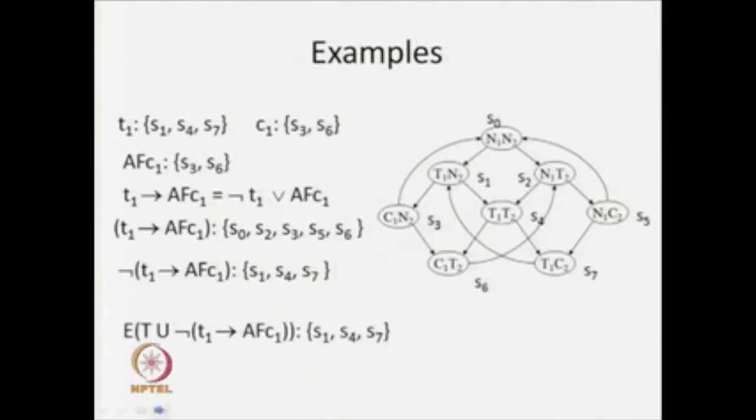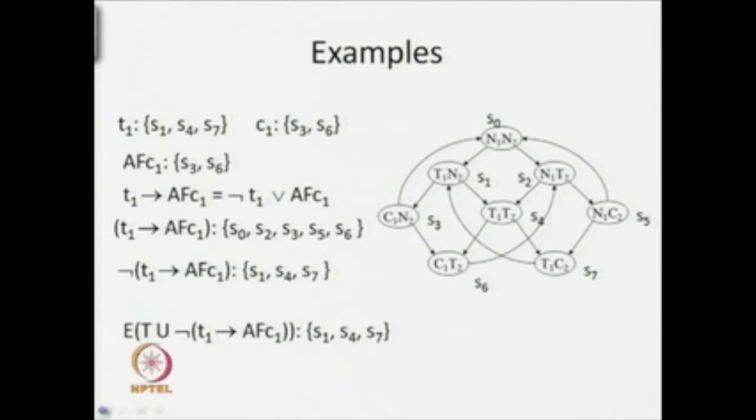Okay. Now, in this particular case, we know not of T1 implies AFC1 is true in S1, S4 and S7. For E true until not of T1 implies AFC1, this will be true in S1, S4 and S7.